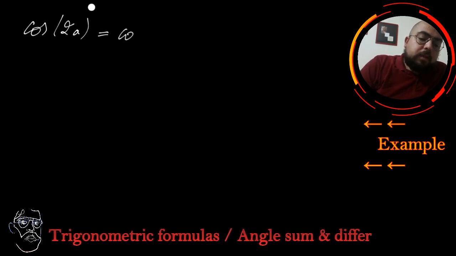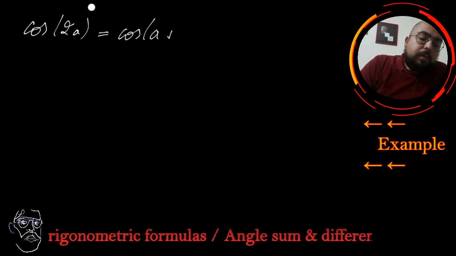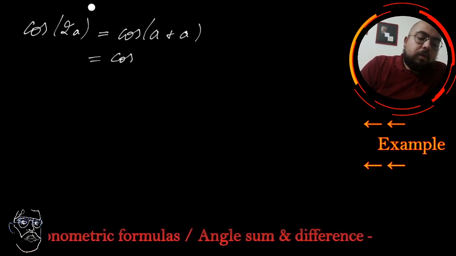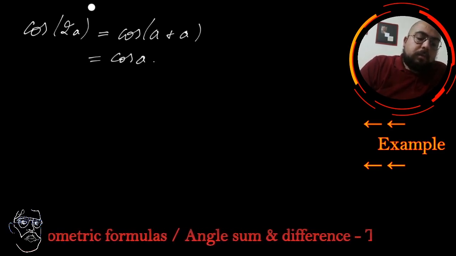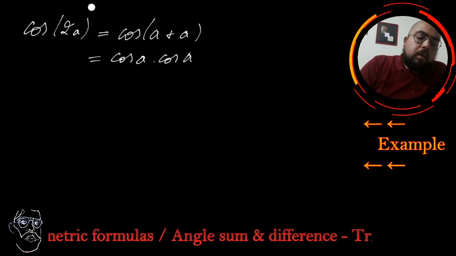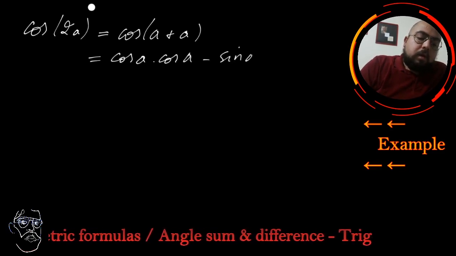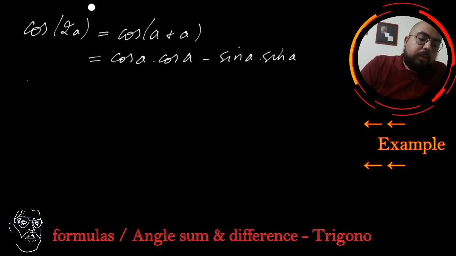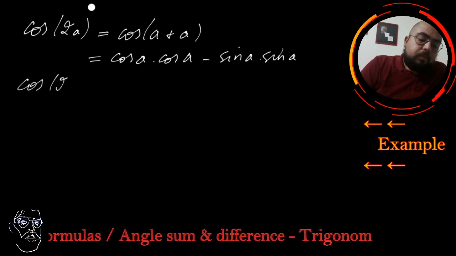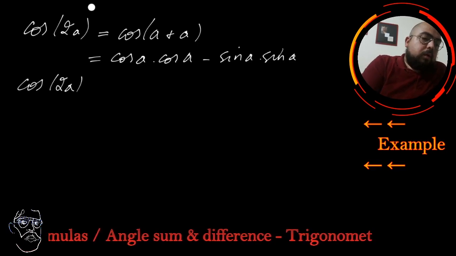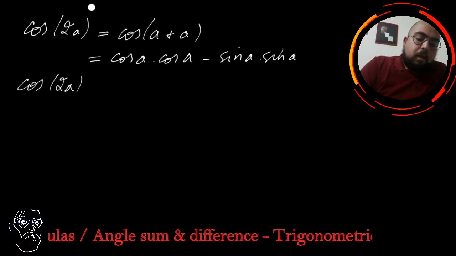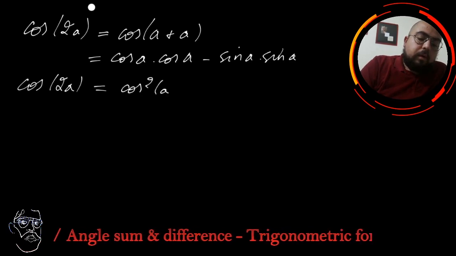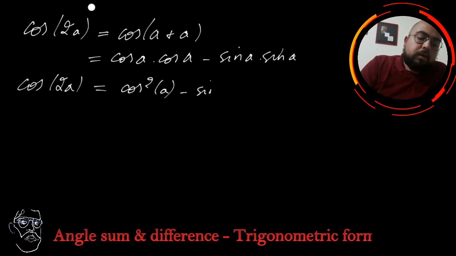It's the same thing as cosine of A plus A, so it's cosine A times cosine A minus sine A times sine A. So your answer will be cosine of 2A is actually equal to cosine squared of A minus sine squared A.